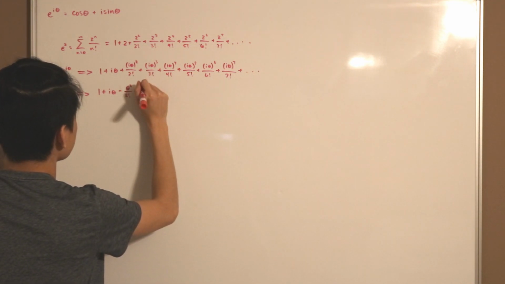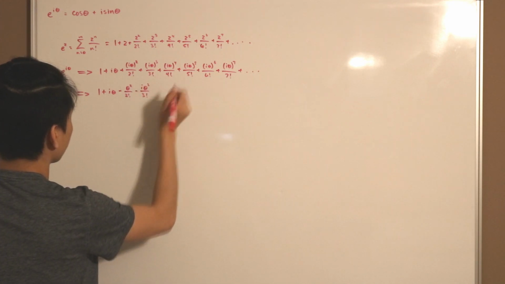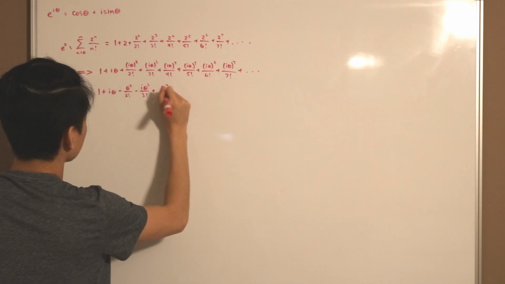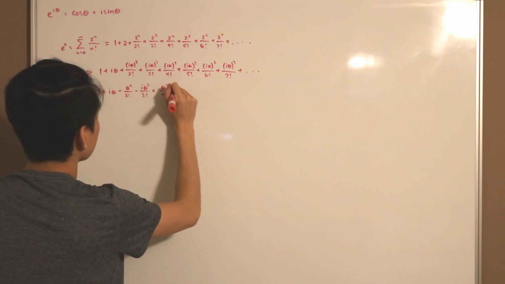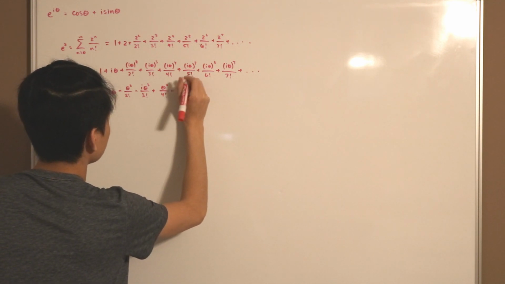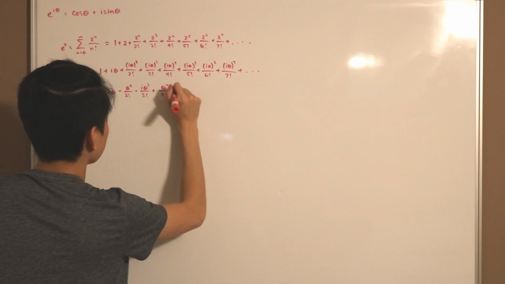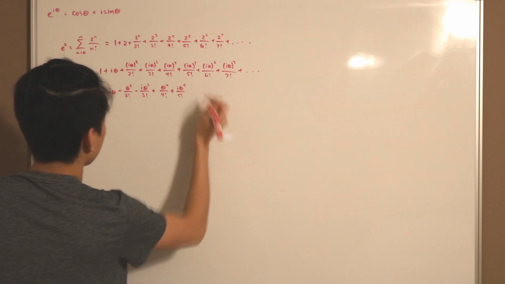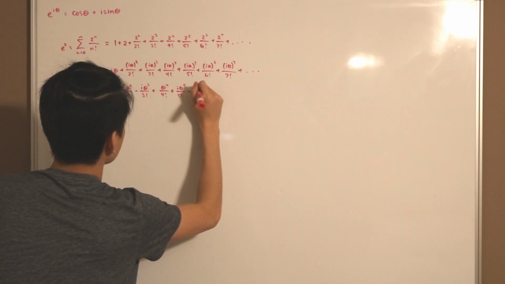Then this will be minus i theta cubed over 3 factorial. i to the 4th will be just 1, so it's just theta to the 4th over 4 factorial, and then i to the 5th is actually still a plus technically, over 5 factorial, and then this will be negative 1, so it alternates from positive to negative, right?